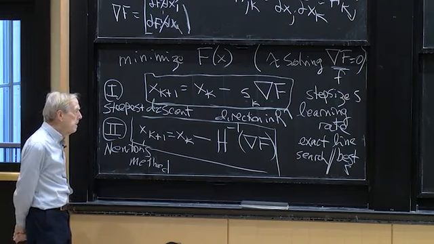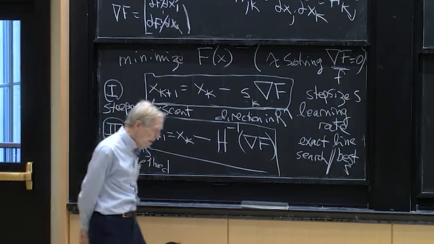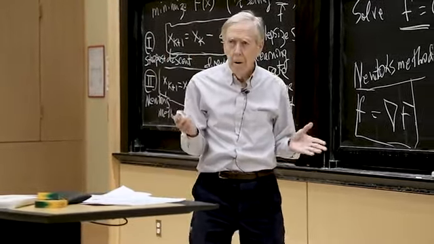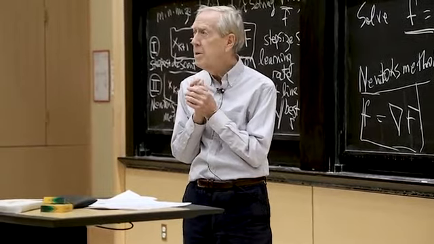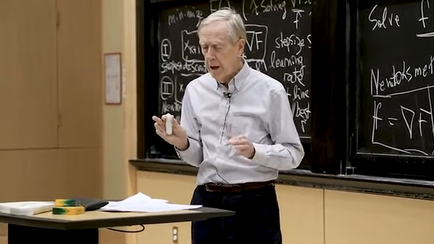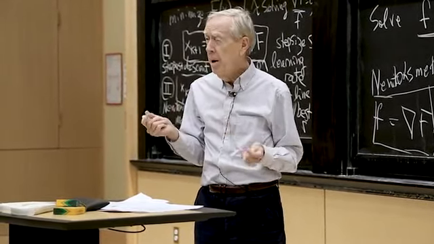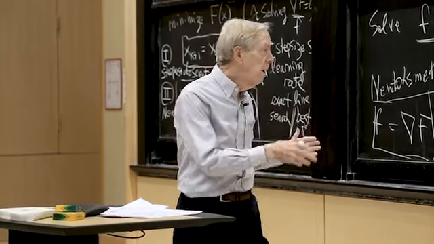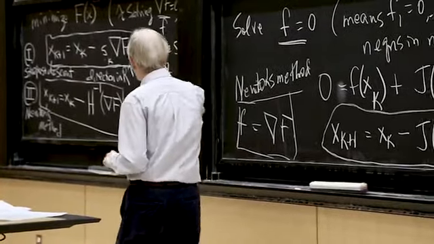Okay. So now we have to think about problems. And I guess the message here is, our starting point has to be convexity. Convexity is the key word for these problems.